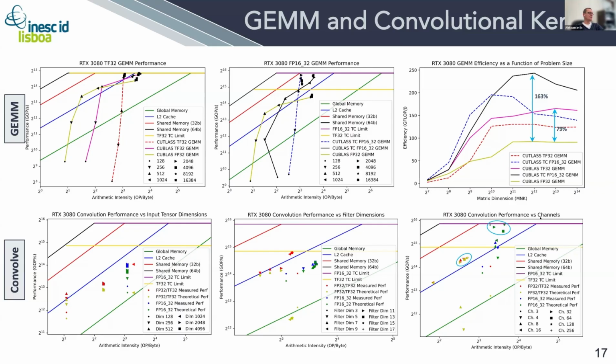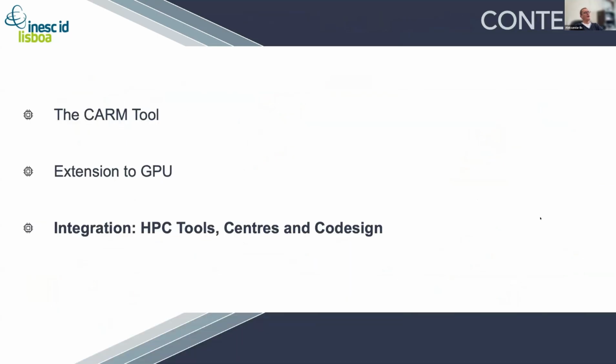From this, we try to influence a little bit the design of different layers in neural networks, such that by design you can already know how much of the maximum you can exploit in the GPU architecture.